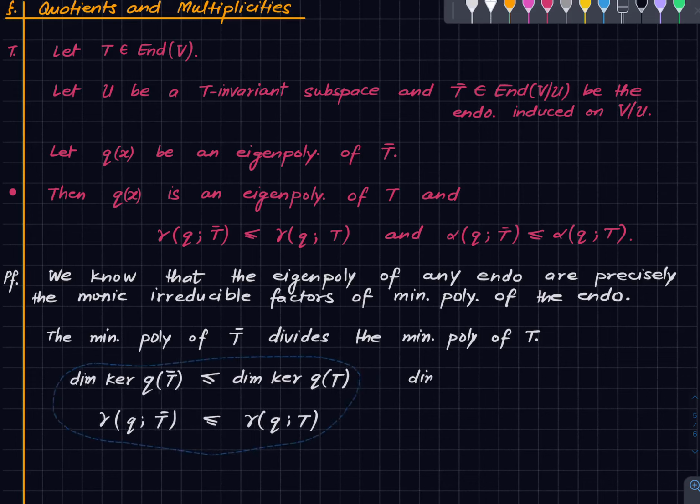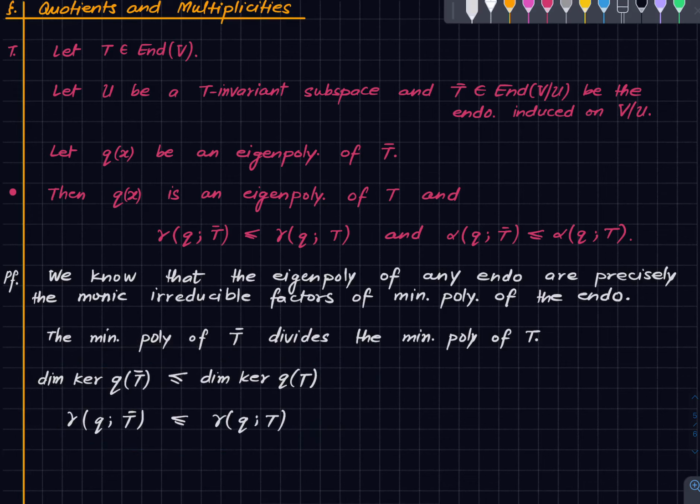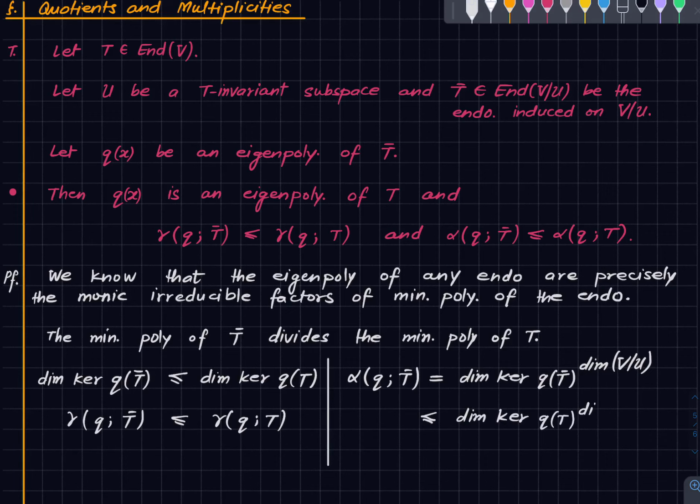So let's do that in full so that there is no confusion. For the algebraic multiplicity, we have the algebraic multiplicity of Q with T bar is equal to the dimension of the kernel of Q(T bar) to the power dim V mod U, which is at most the dimension of the kernel of Q(T) to the power dim V mod U. This is where we apply the previous proposition with k being equal to this number.